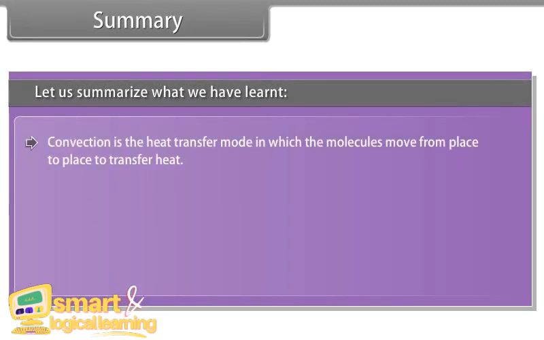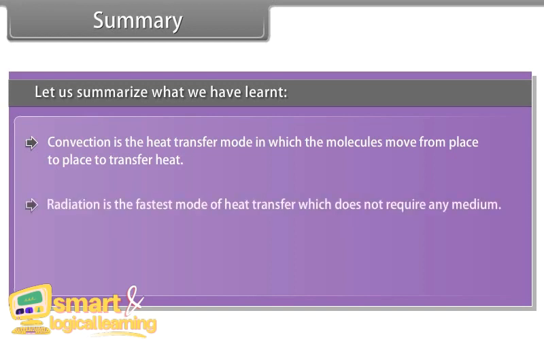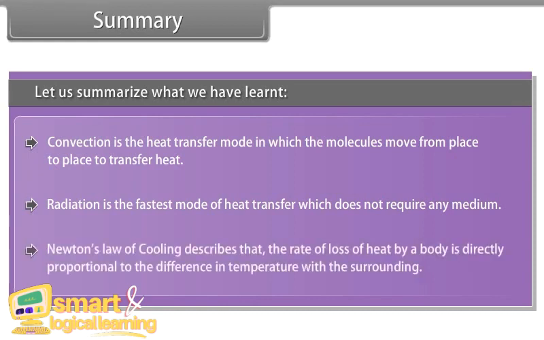Convection is the heat transfer mode in which the molecules move from place to place to transfer heat. Radiation is the fastest mode of heat transfer, which does not require any medium. Newton's law of cooling describes that the rate of loss of heat by a body is directly proportional to the difference in temperature with the surroundings.